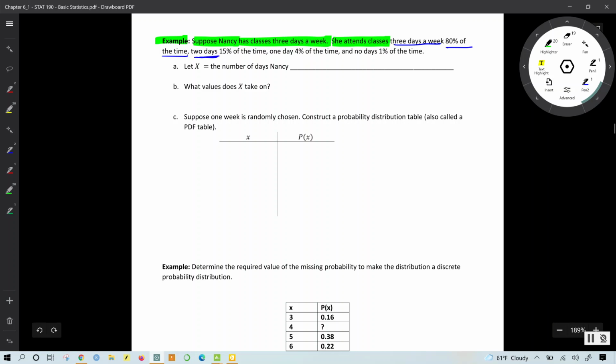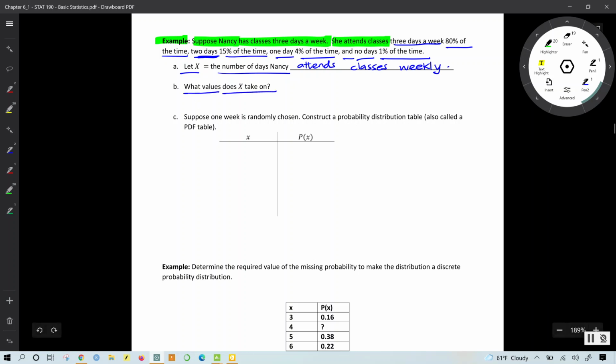At other times, she attends classes 2 days a week, 15% of the time, one day, 4% of the time, and no days, 1% of the time. What would our X be? It would be the number of days Nancy attends classes weekly. That is the variable of interest here.